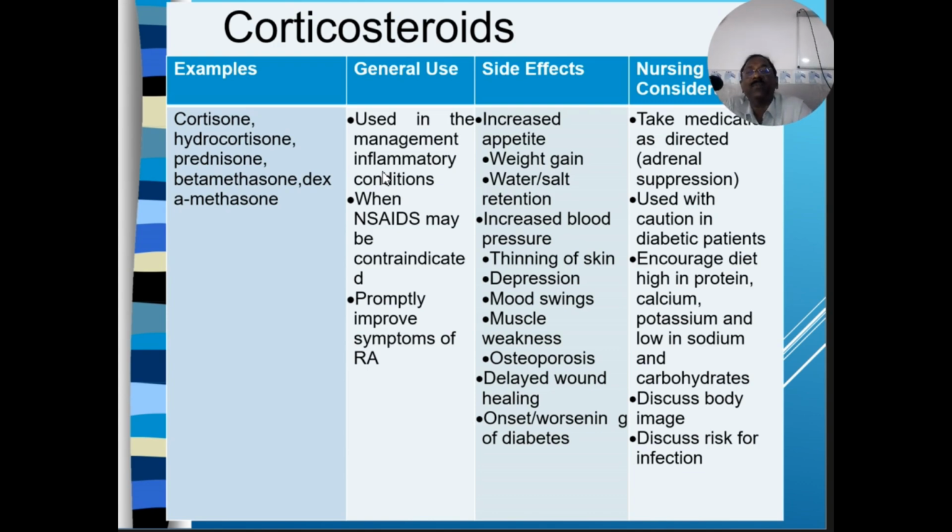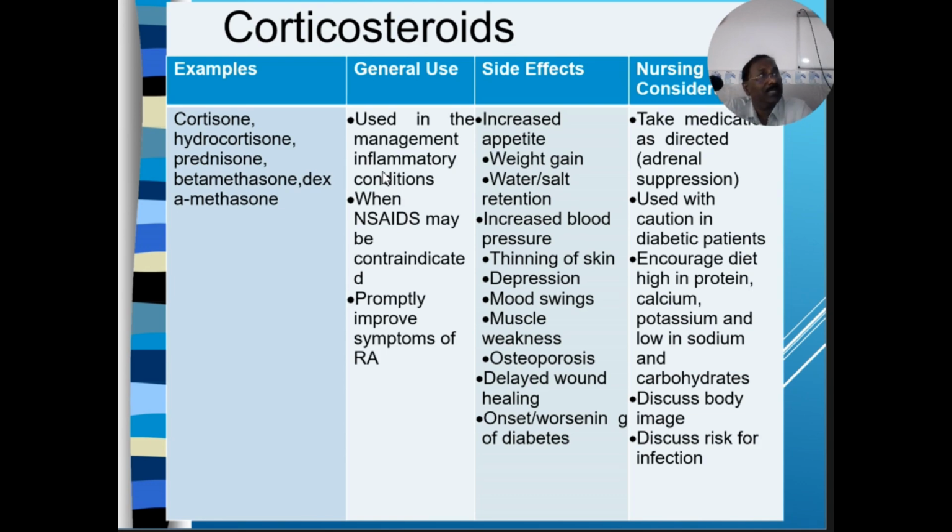Steroids are used in the management of a lot of inflammatory conditions. Dermatological conditions, chronic urticaria, eczema, etc. In ophthalmology conditions, they use steroids. In internal medicine, respiratory, yes, bronchial asthma, etc. In the gastrointestinal tract, yes, ulcerative colitis and Crohn's disease, inflammatory bowel diseases.